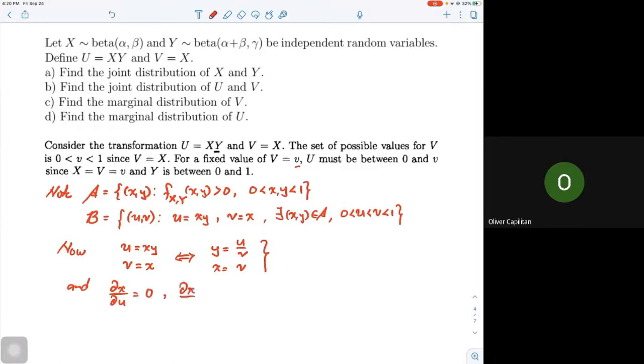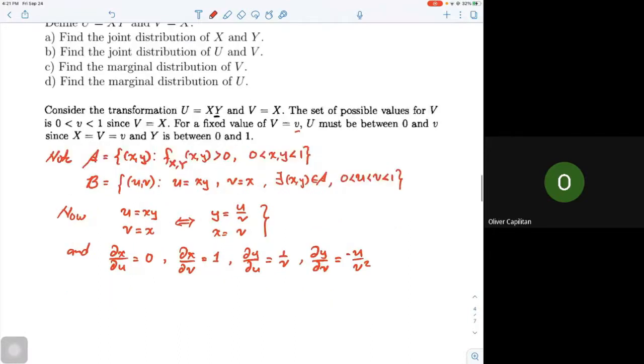The partial derivative of x with respect to v is equal to 1. The partial derivative of y with respect to u is equal to 1 over v. And the partial derivative of y with respect to v is negative u over v squared.